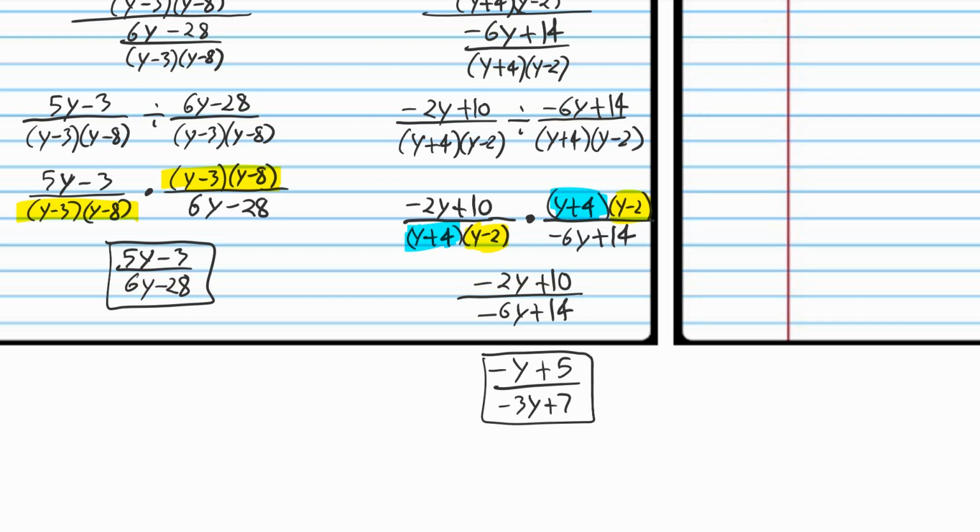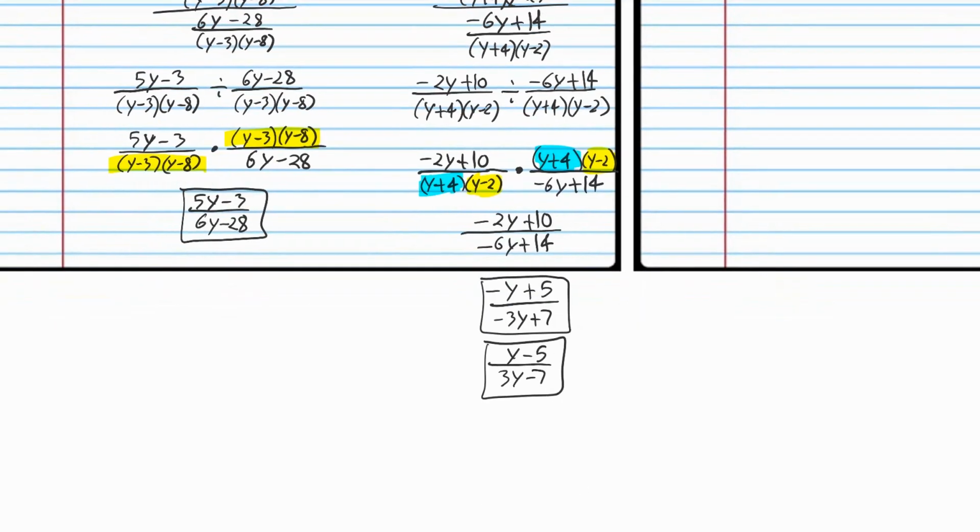Now, if you multiply both sides by negative 1, using the distributive rule, you end up with y minus 5 over 3y minus 7. That's another way that you might see the answer. So we'll just write "or." Sometimes textbooks will take this and change it into that, thinking that they did you a service, but really they're just going to confuse you. So just be careful about that.